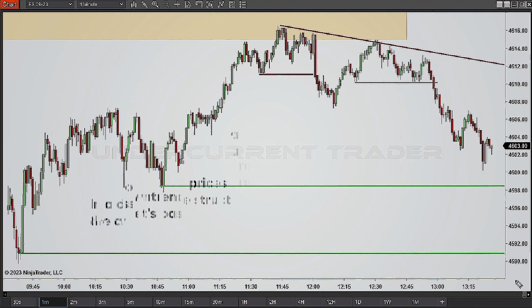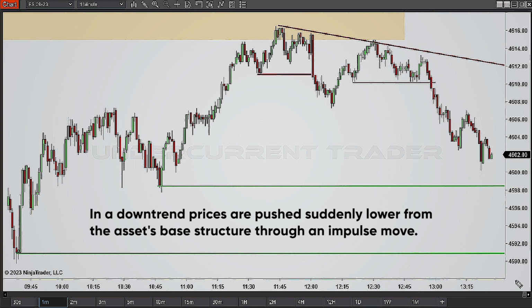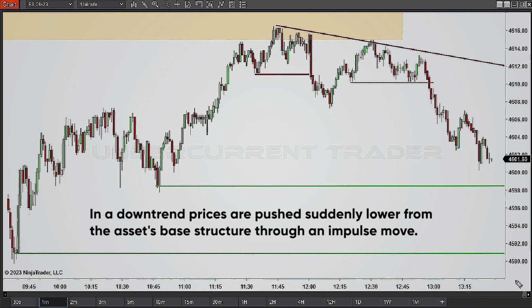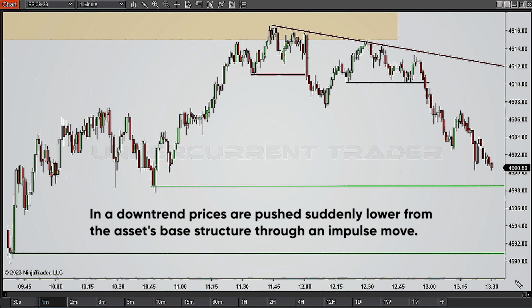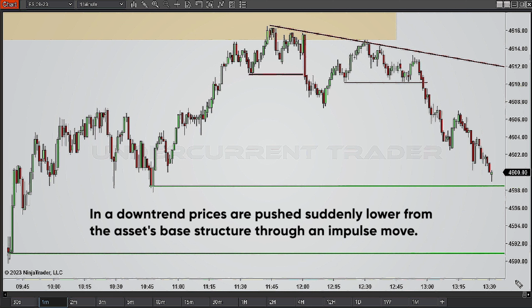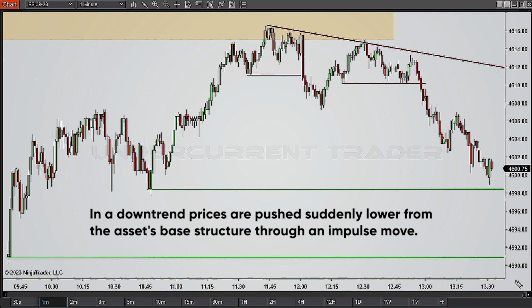Conversely, in a downtrend, prices are pushed suddenly and rapidly lower from the asset's base structure through an impulse move, which is formed by heavy selling pressure on the supply side as sellers significantly exceed buyers.